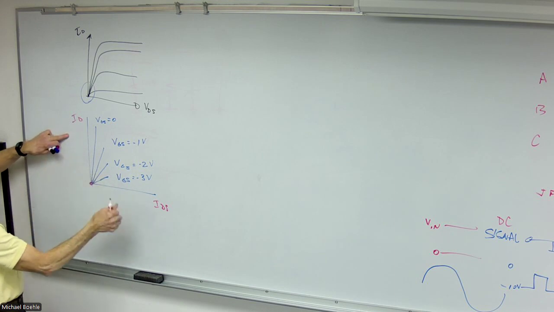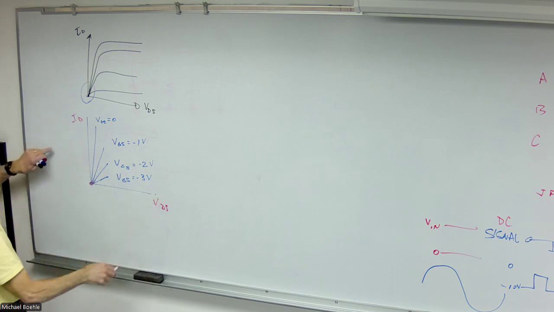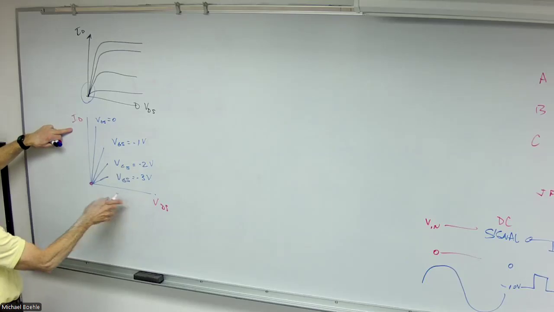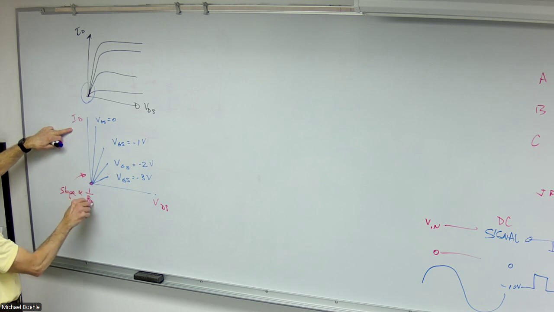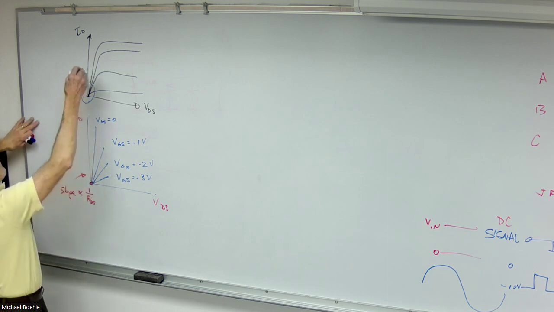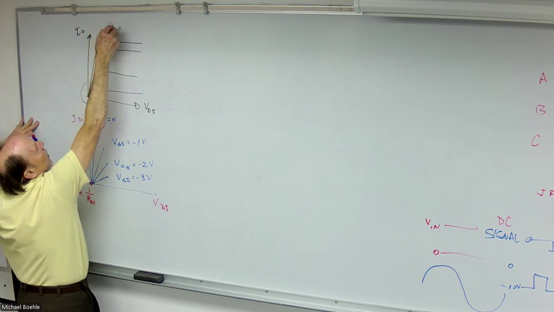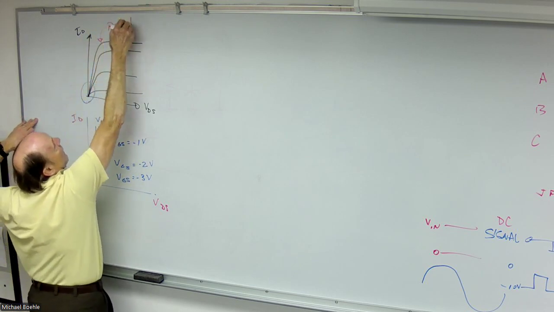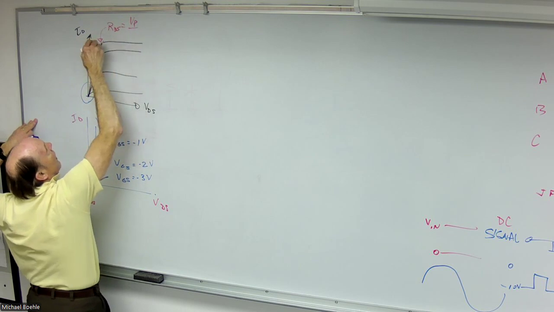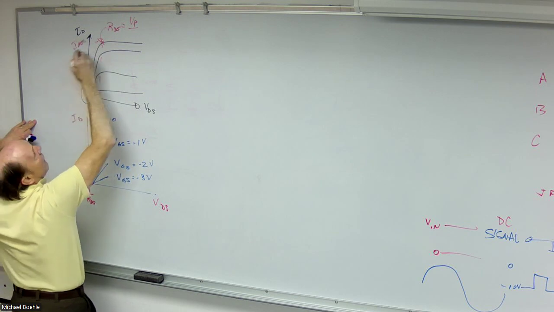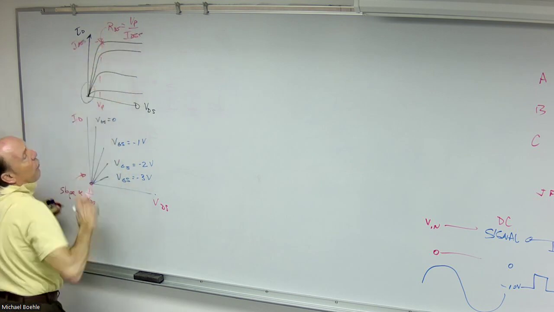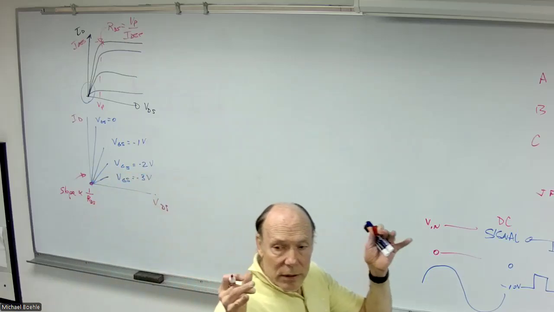And because this is current divided by voltage, the slope of this line is proportional to 1 over the resistance between the drain and the source. Now, when we calculated our RDS last week, the focus was on this curve only. And we said, well, when you get to the pinch-off voltage right here, that is IDSS right there, that is the drain source resistance of the transistor.